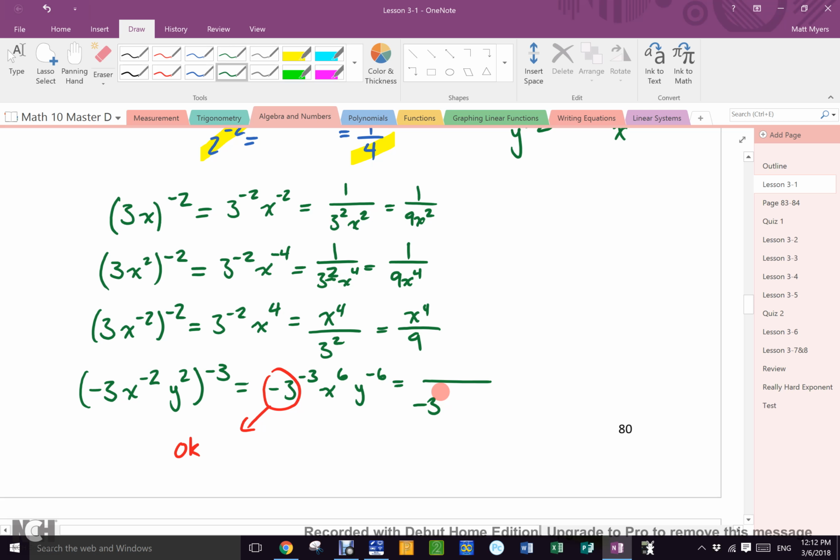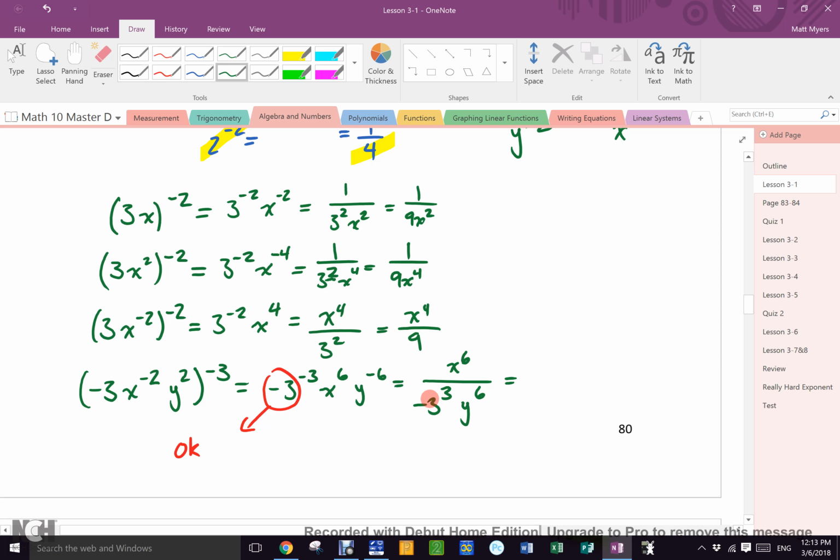Not the base, just the exponent. Does that x to the 6th have to go anywhere? Why? Because it's a positive exponent. What about this y to the negative 6th? It has to go down there. And what happens to its exponent? 6.